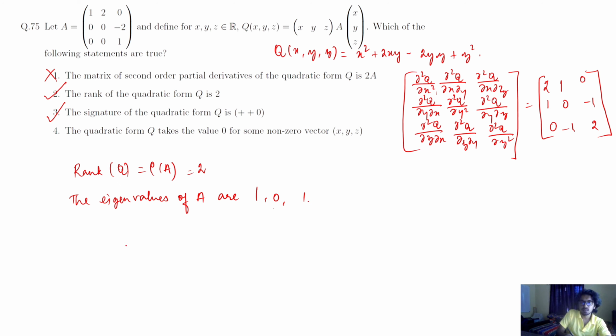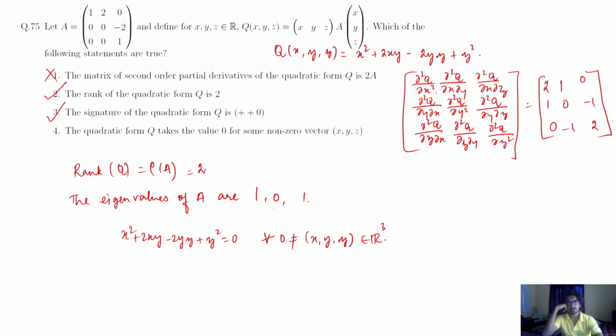That is, it is claiming that x square plus 2xy minus 2yz plus z square should be equal to 0 for some non-zero x, y, z in R3. This is what it claims. Is it possible? Let us check, because 0 is one of the eigenvalues.